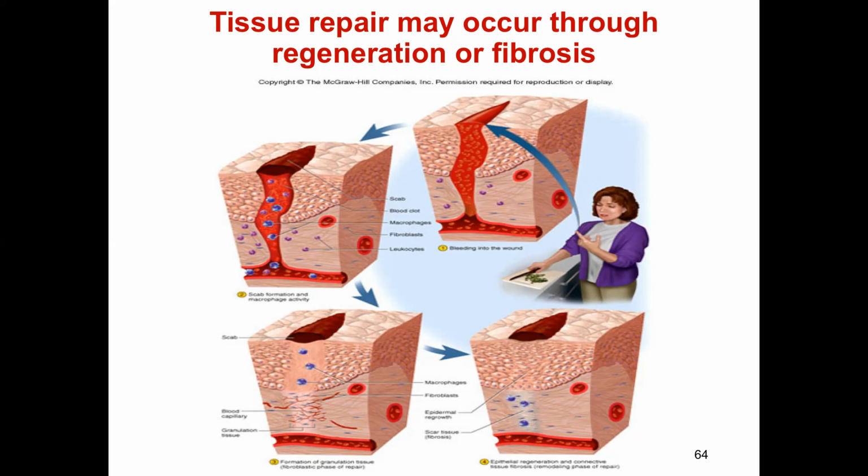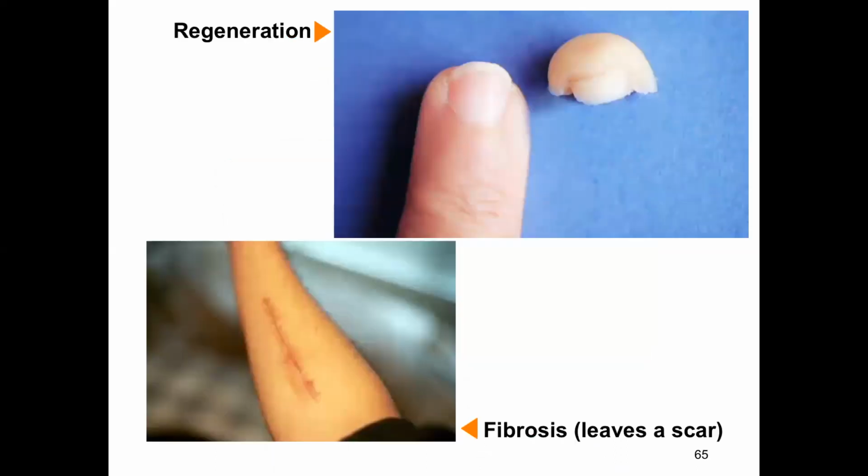Fibrosis is when a tissue heals, but it doesn't completely reform like it was before. Remember I had said to you that if you damage your hyaline cartilage, you'll get cartilage back, but you can't get your hyaline cartilage back. You get fibrocartilage instead, okay? All right, now, here's an example.